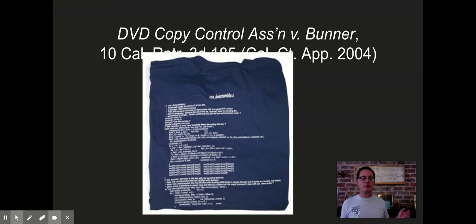It wouldn't work, right? So the idea was that this would prevent copying, and it came along with a license associated with the products in question that said reverse engineering is not permitted. In other words, by virtue of buying or licensing this product from us, you agree that you're not going to reverse engineer it, and as a consequence, you're not going to look into the underlying CSS code that will prevent you from making copies.